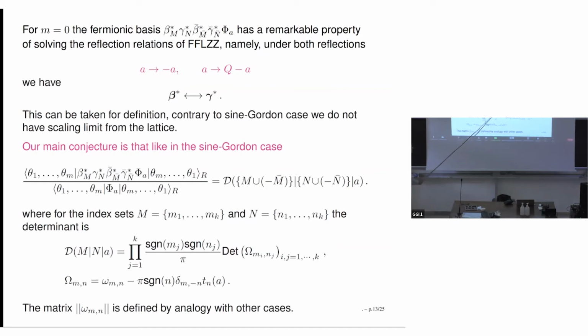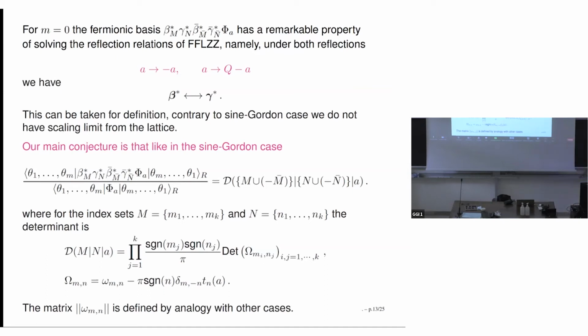Anyway, the conclusion is that up to now, the conjecture is that there is such a basis. We start with the conformal field theory, and we consider the massive field theory for which this conformal field theory, Liouville, is an ultraviolet limit. We count the fields by conformal field theory.